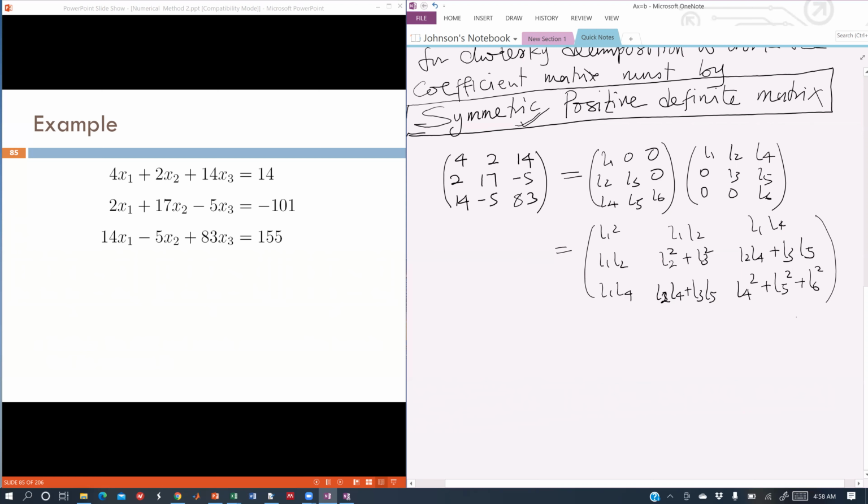This is what we have. Because of the symmetry, you see that this particular entry may not be used, this may not be used, and this one will also not be used.